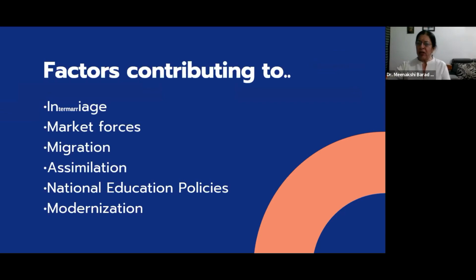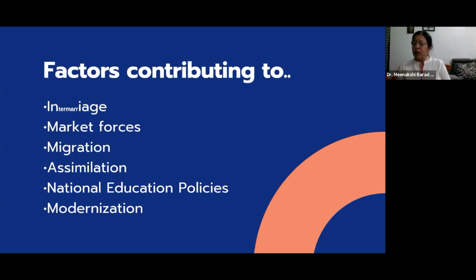Then there is migration. Migration could be voluntary or it could be forced. That is definitely a cause for language shift. When members of a language community migrate, they decrease in size and they might not be able to maintain their language.